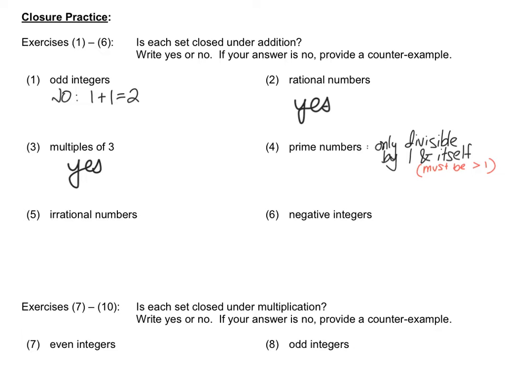In that case, it would be 1 and itself. If you're looking at the number 1, it's not divisible by 2 unique values. It's divisible by 1 value, itself.